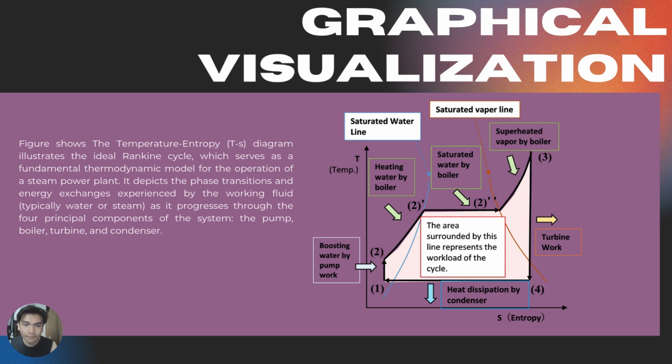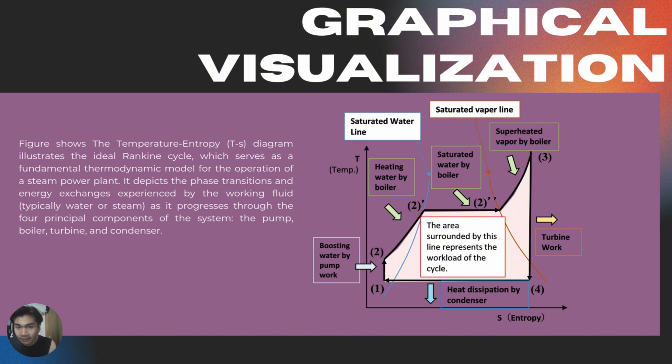the condenser. So at this point, 1 to 2, the boosting of water is done by the pump. It has work to do. Then after pumping a little bit, we heat it using the boiler. Heat it until the temperature is constant. Then when it's constant, it becomes saturated water.